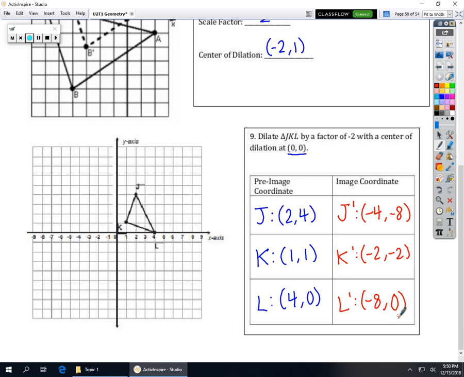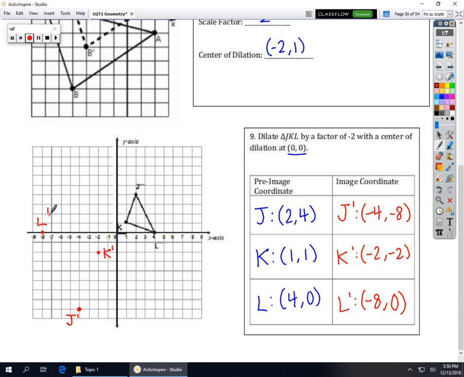Great, so let's just write these points. -4, -8. This is your J prime. Next is -2, -2. Easy, right here. That is your K prime. And L is -8, 0.